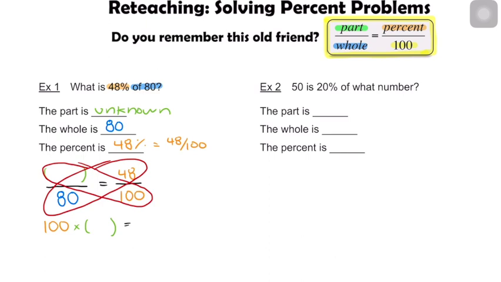All right, 48 times 80, right? We want to do 48 times 80. All right, so we have 48 times 80 is equal to 3,840.